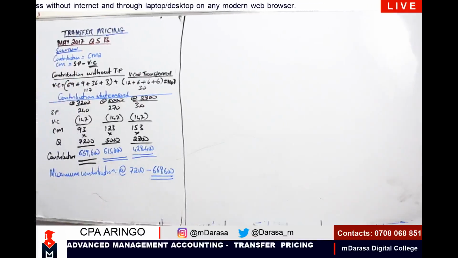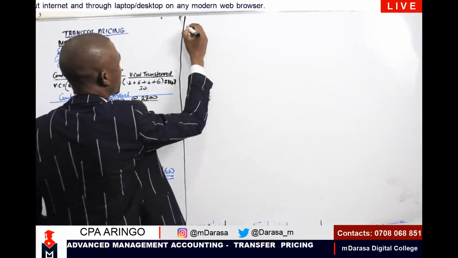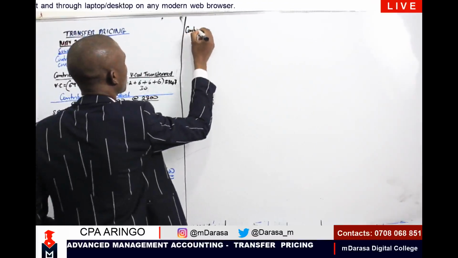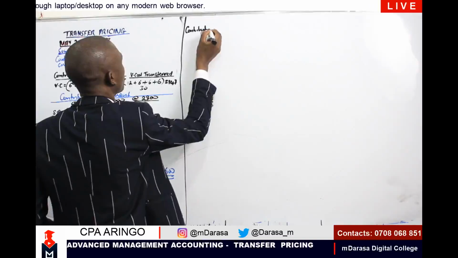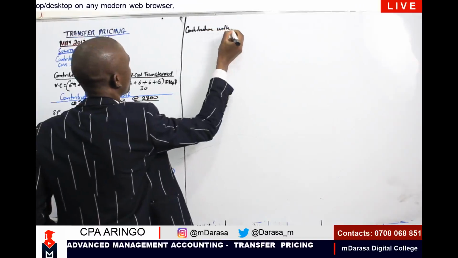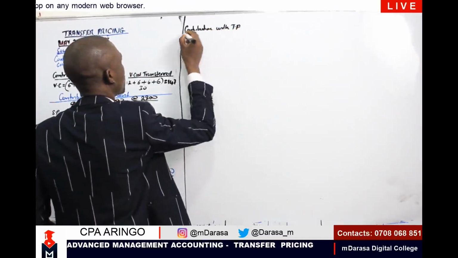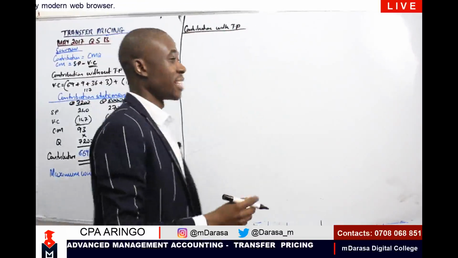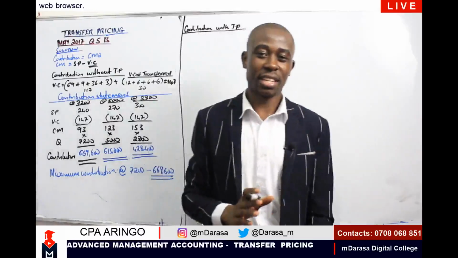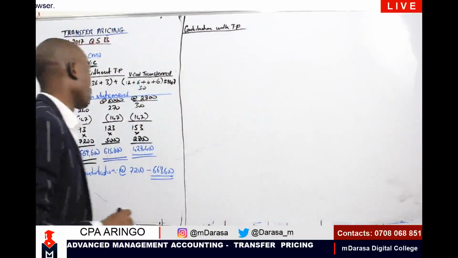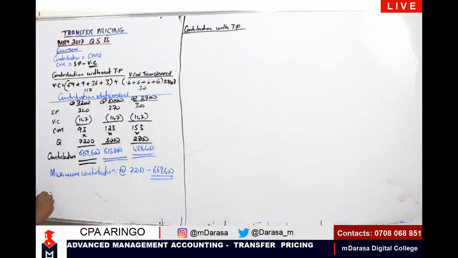So, talk of contribution with transfer pricing. This is an area that we should be very good at. I want to determine our new variable cost. So my variable cost with transfer pricing, I'm having a total of 117 here.